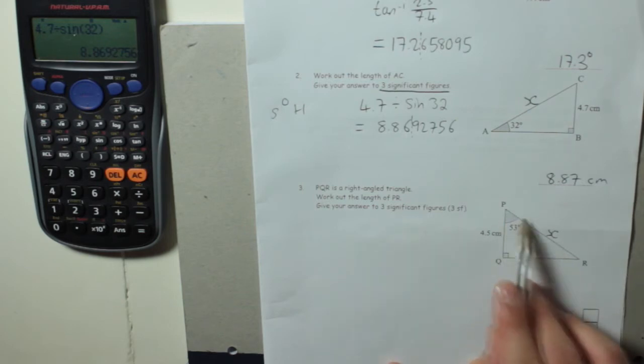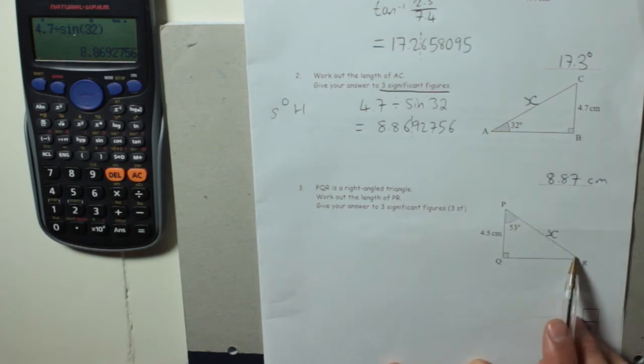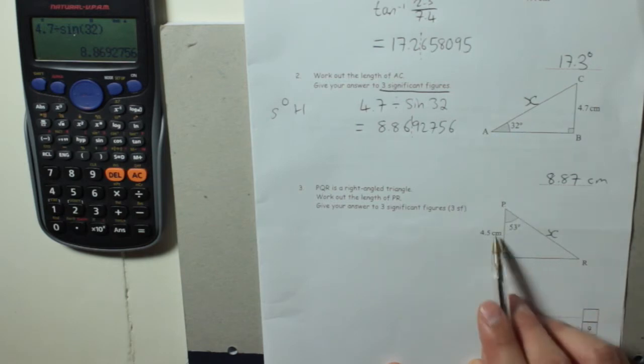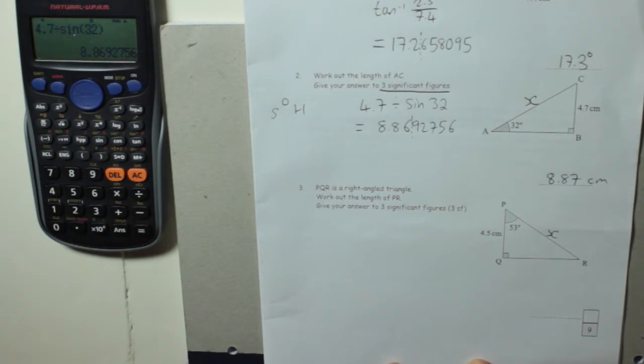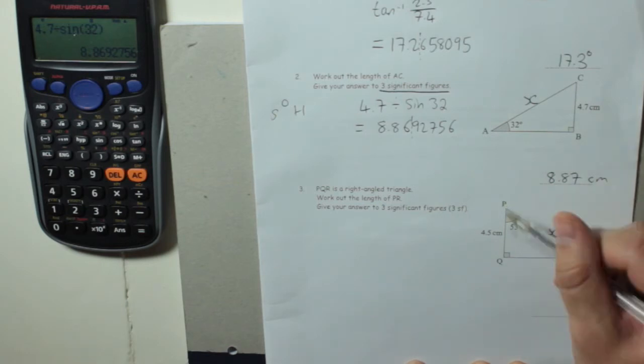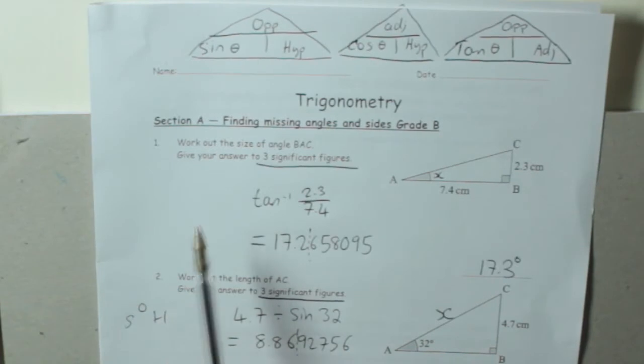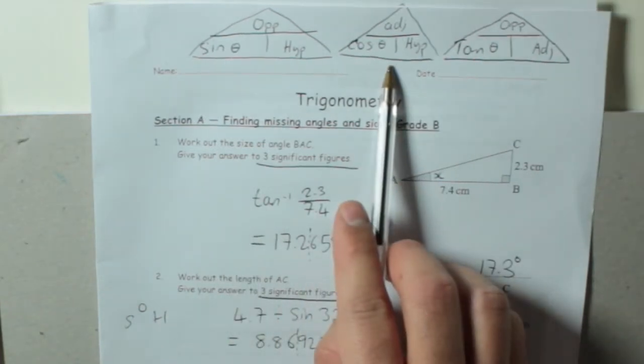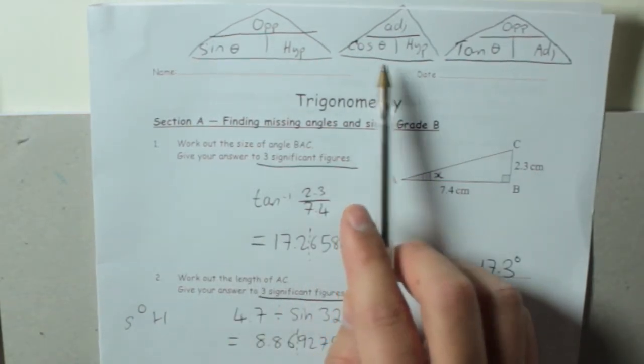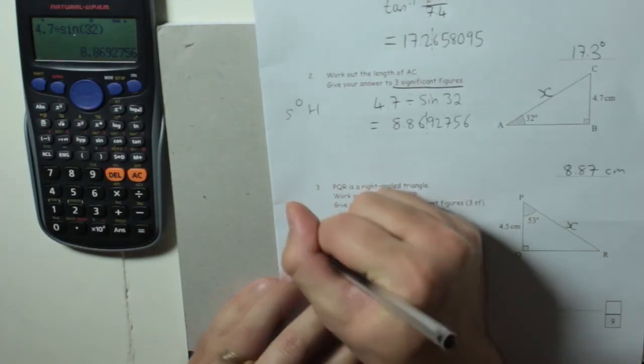So again, we want the hypotenuse, we've got an adjacent because it's next to the angle, and the opposite is just not involved at all in the question. So, which triangle uses the hypotenuse and the adjacent? You can see that it is the cos triangle, the cosine it's called. So, write it in again, C-A-H.